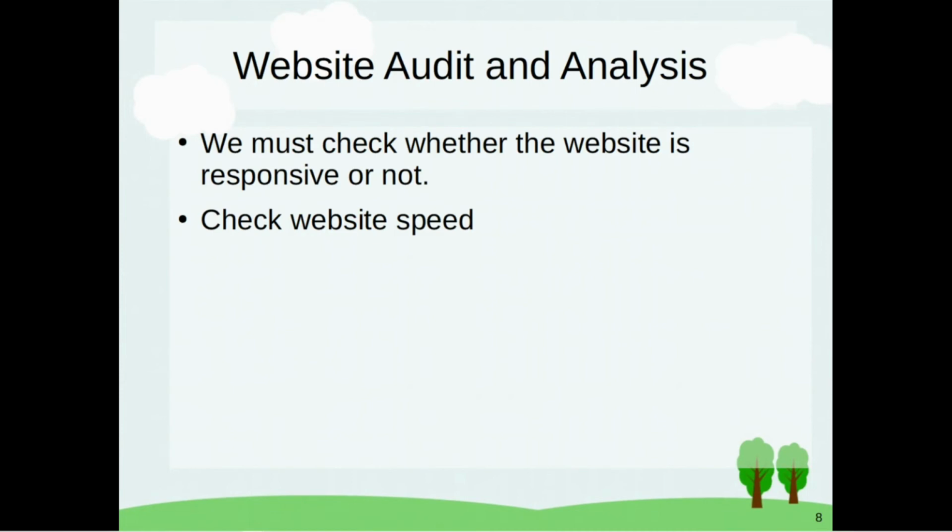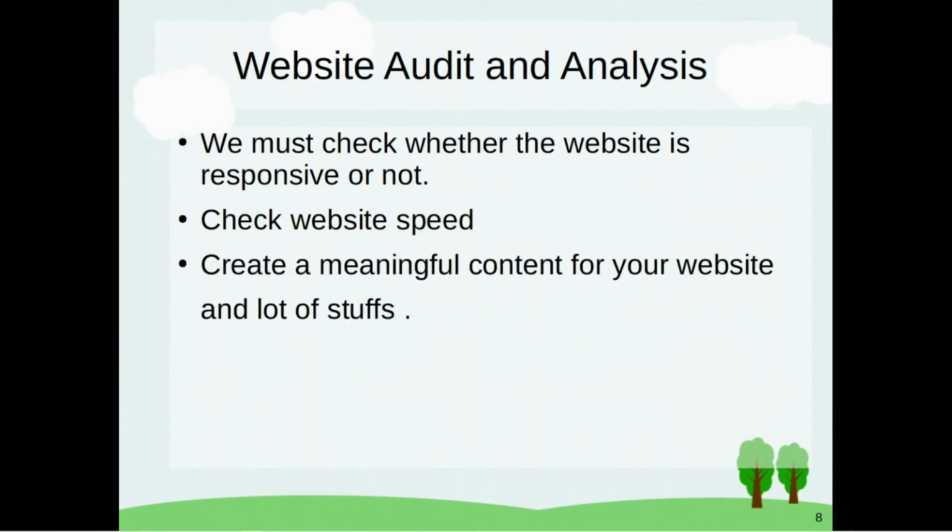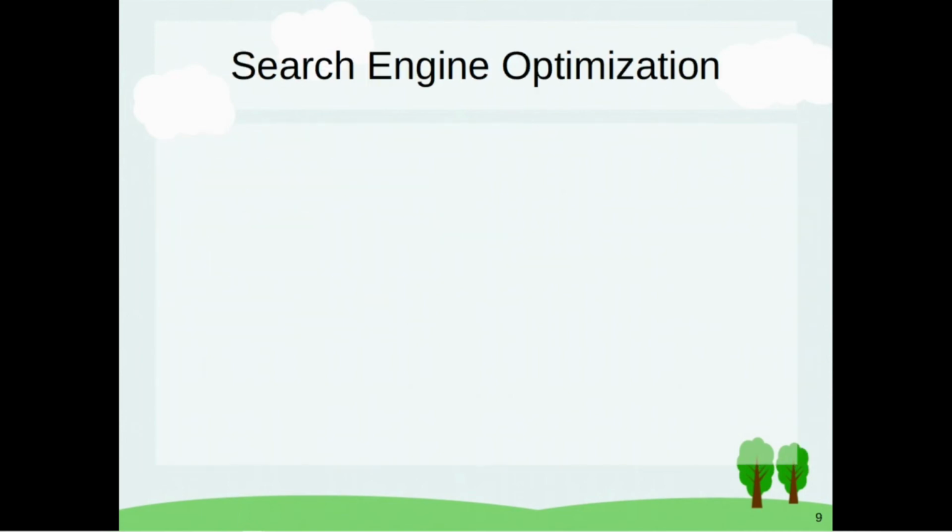Then we have to check the website speed. Then we have to create meaningful content for the website, with simple content, image-based pages, and very good navigation, and a lot more will be discussed in the next part.